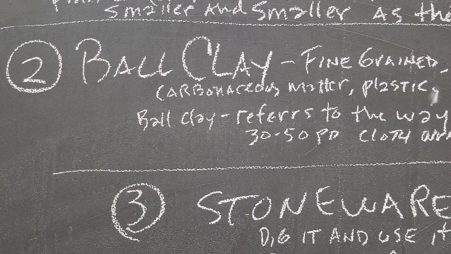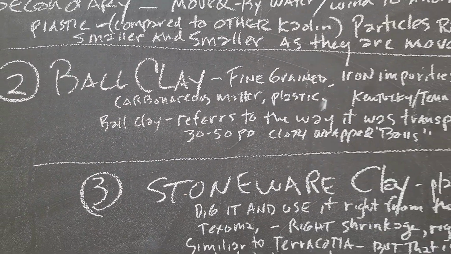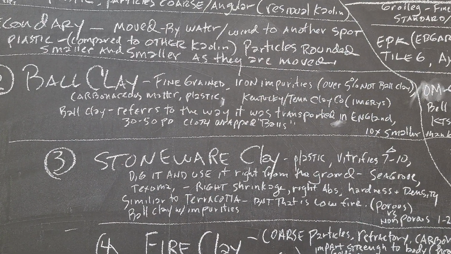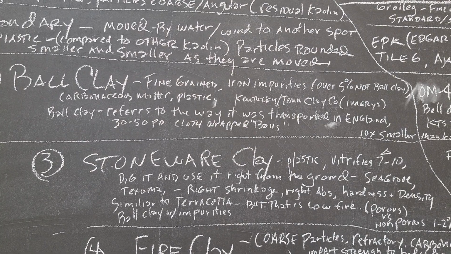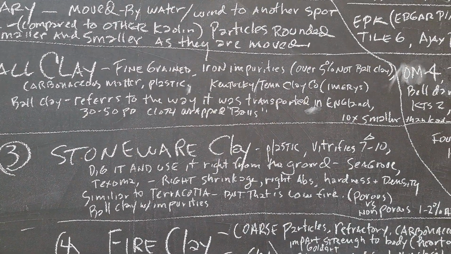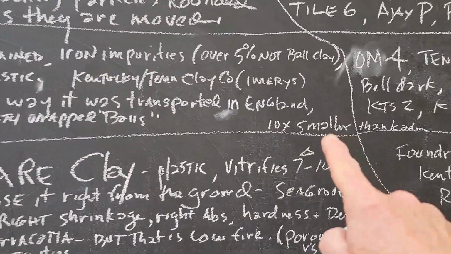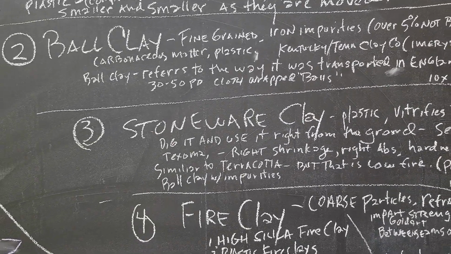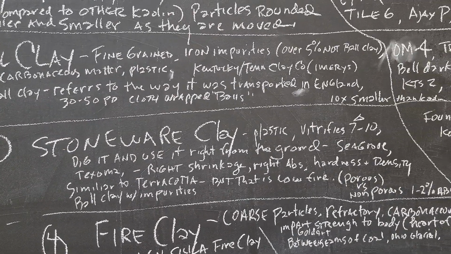The name ball clay refers to the way the clay was transported in England. They carried it in 30 to 50 pound cloth-wrapped balls. That's why they called it ball clay. These particles are 10 times smaller than kaolin, and that's one reason they're so plastic.